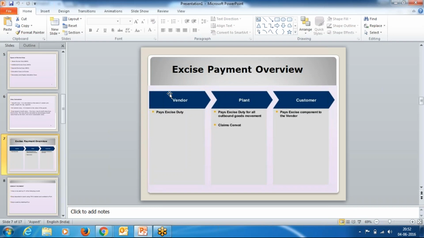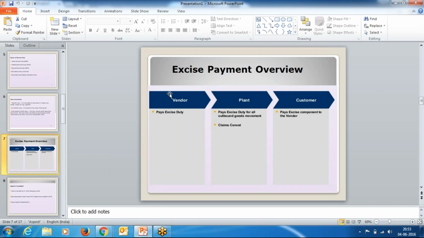The second category, which you cannot utilize, will be considered as your expense. So it will not be deducted at the time of vendor payment, whatever excise you paid. If you are not able to utilize that duty, you will definitely have to pay the vendor, so that duty will be considered as your expense.